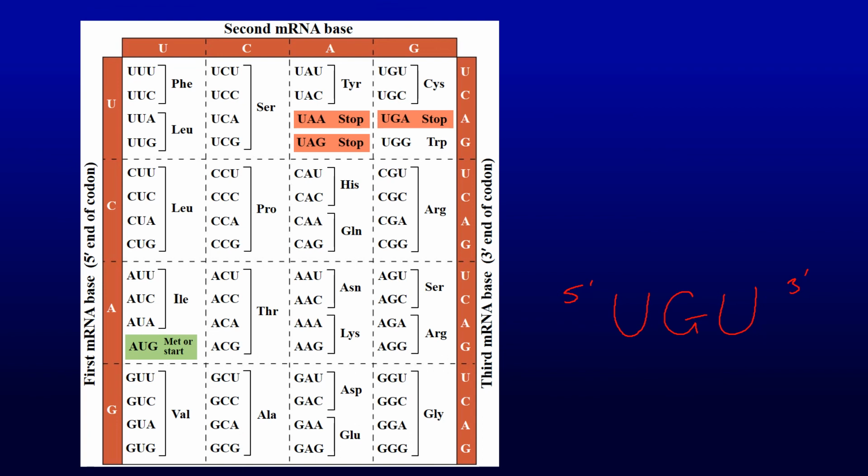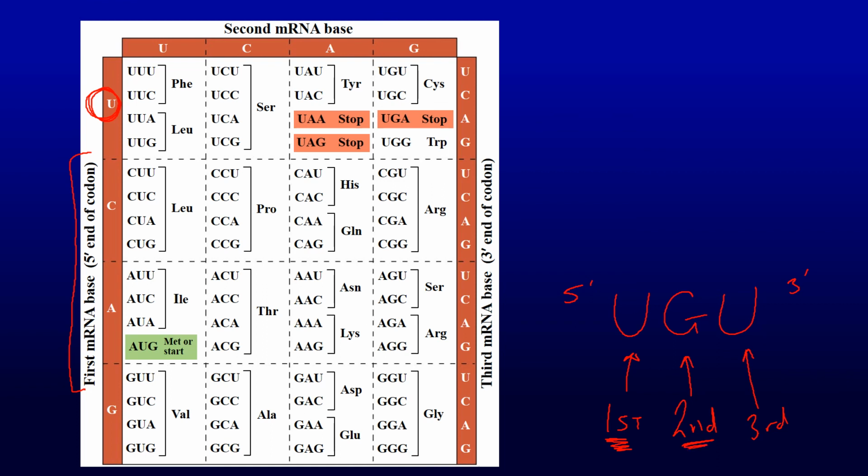All right, so this one here represents our first base of the codon, and this represents the second base of the codon, and this one represents the third base of the codon. All right, so now let's use this table. Over here we've got our first messenger RNA base at the 5' end. And our first messenger RNA base was uracil. So we're going to start just there.